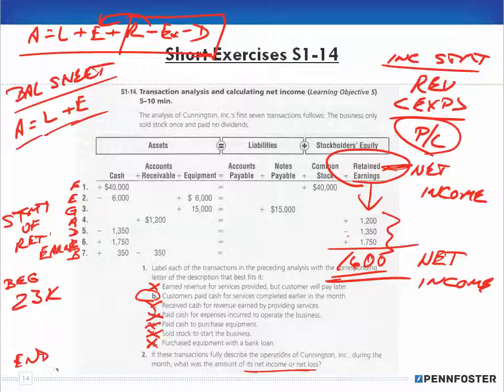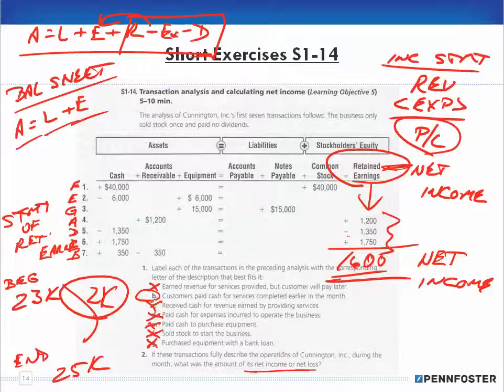Let's say it's $25,000 at the end. I can take my ending less my beginning and see the difference is $2,000. I know that's my profit or loss. Why? Because what was on my income statement gets closed out to my retained earnings.